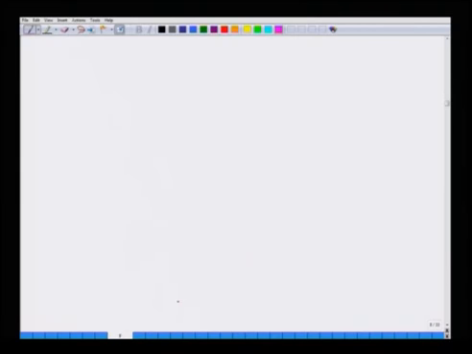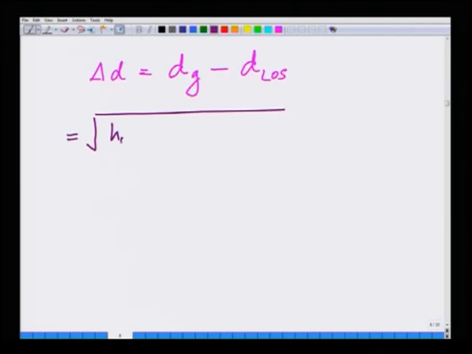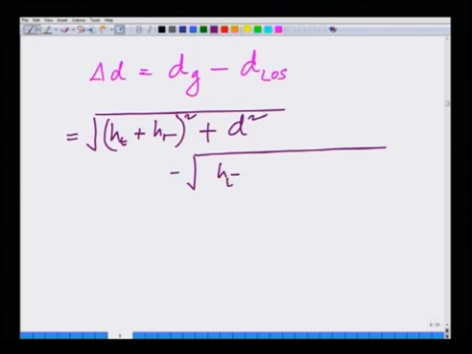Hence, what I have net is delta D equals dg minus dLOS, which is the square root of (HT plus HR) whole square plus D square, minus the square root of (HT minus HR) whole square plus D square.